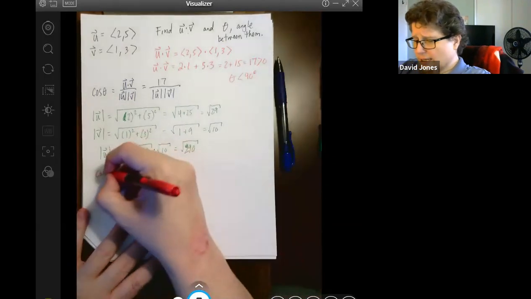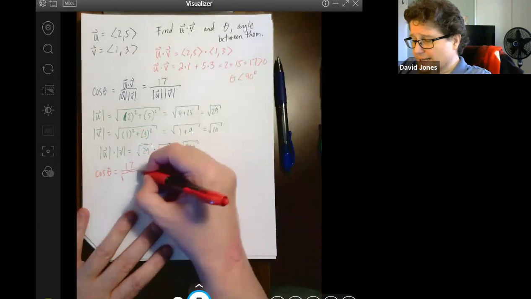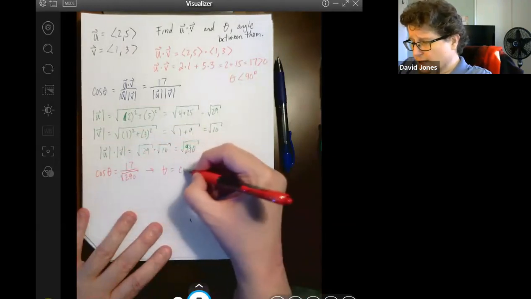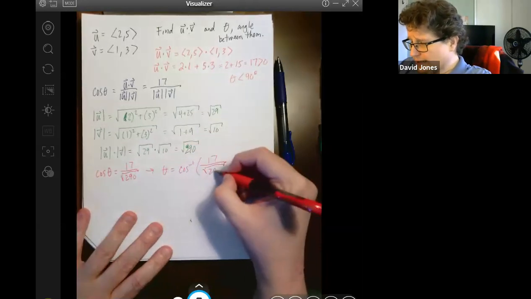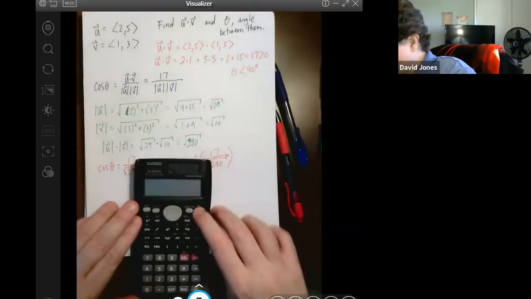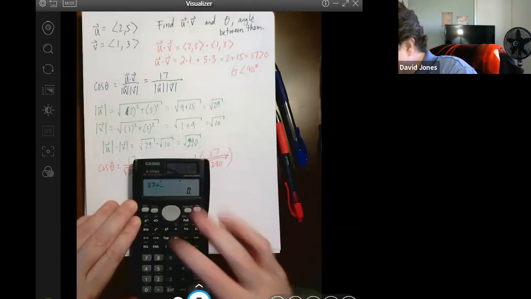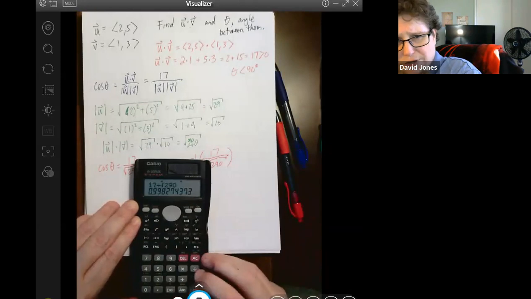So cosine theta equals 17 over the square root of 290. Theta equals cosine inverse of 17 over the square root of 290. And let's figure out what that is. That's 17 divided by the square root of 290.